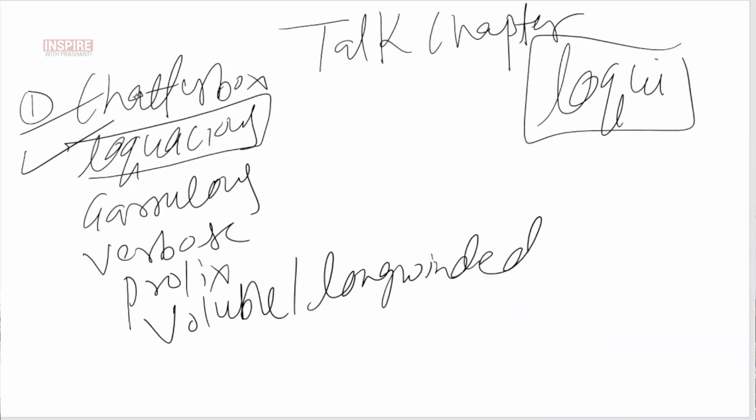So chatterbox, loquacious, garrulous, verbose, prolix. You say that his speech was full of prolixity, verbosity, volubility, long-winded. Don't forget these words when it comes to the talk chapter first part, excessively talkative. And don't forget loqui as the root word for talk, right?